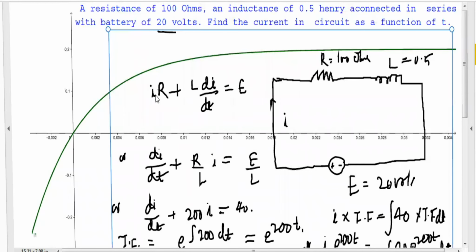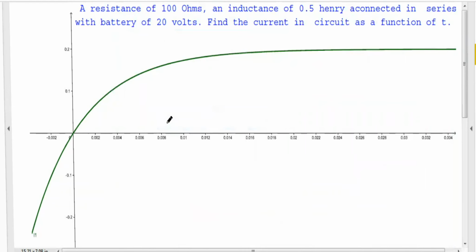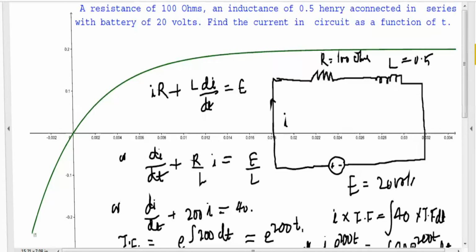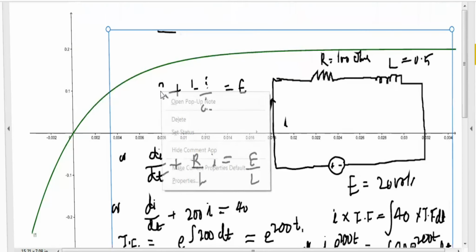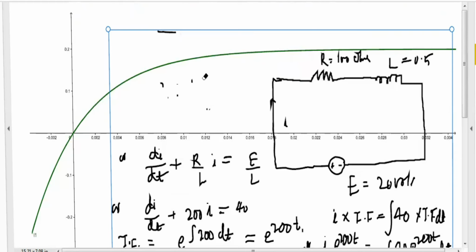We integrate this with respect to t on the right hand side.